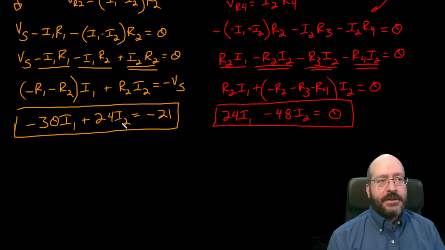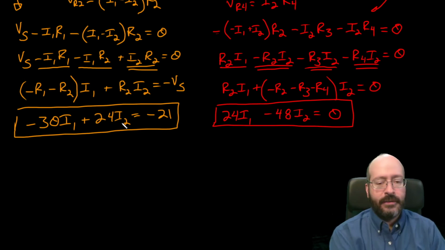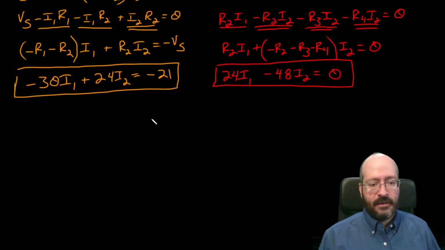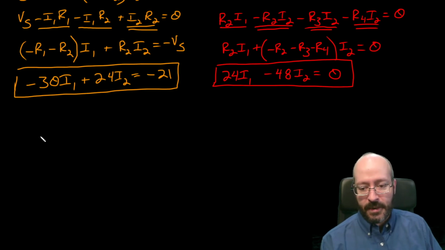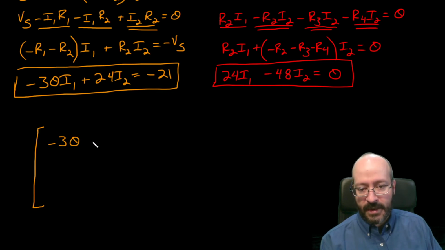So if you watched the video, it's kind of a little detour path on solving systems of equations with matrices, then you know we're going to take these two equations and we're going to put them in matrix form. We'll go orange here for now, and I'm going to take the coefficients of I1, and it's going to be negative 30.